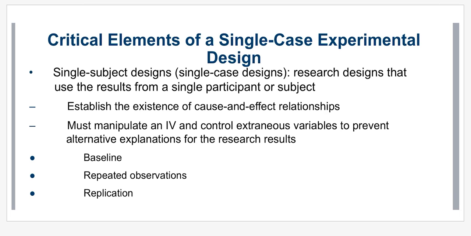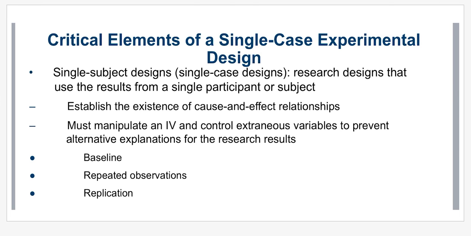So if you are getting results that you didn't expect, or you're noticing possibly the effects of something else that is not the variable you're interested in, you can alter, change, or fix things. And so there are repeated observations to check for those outside factors that could be influencing any extraneous variables.